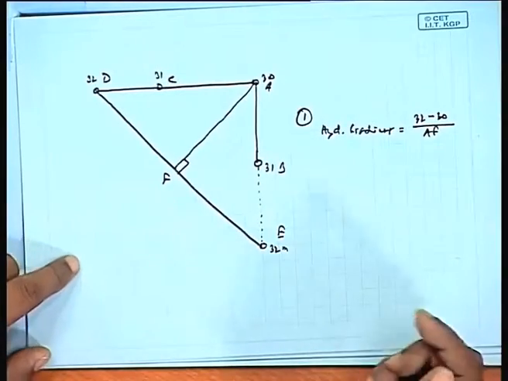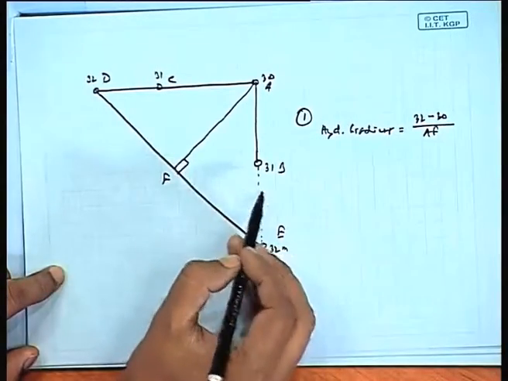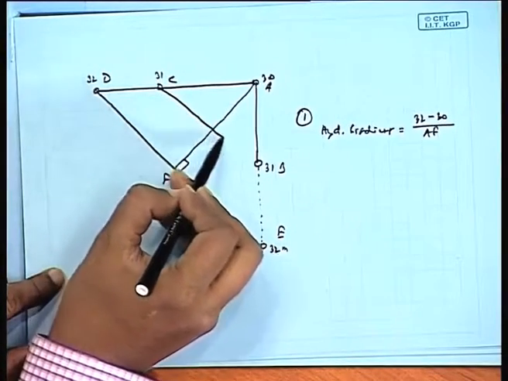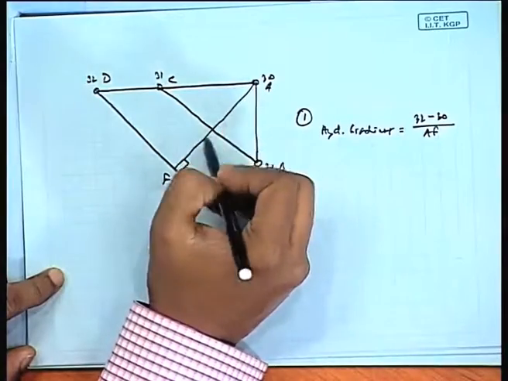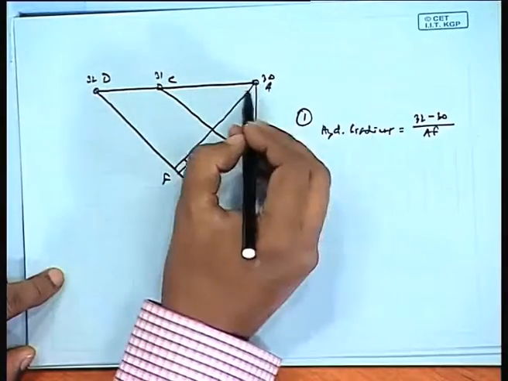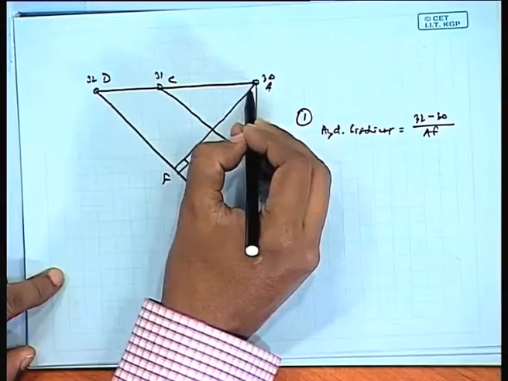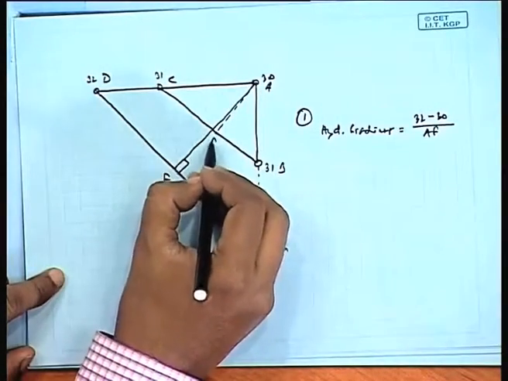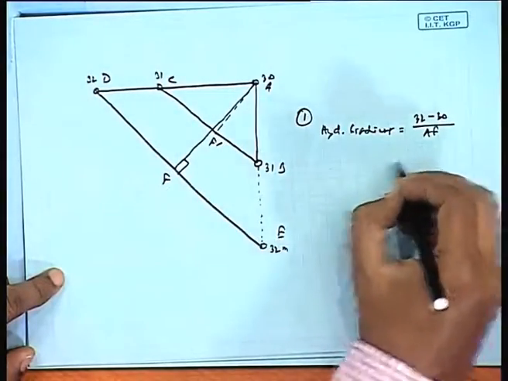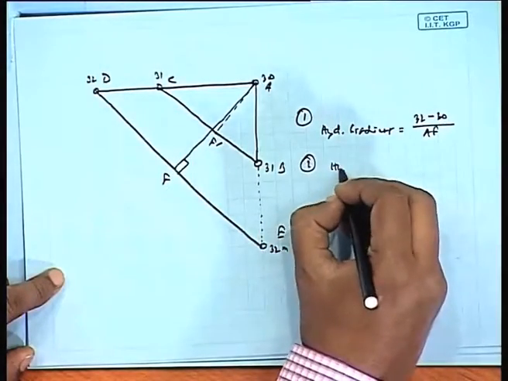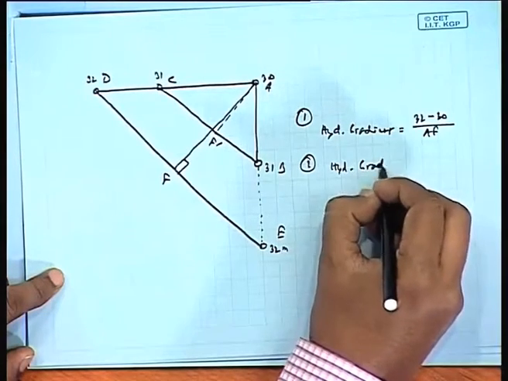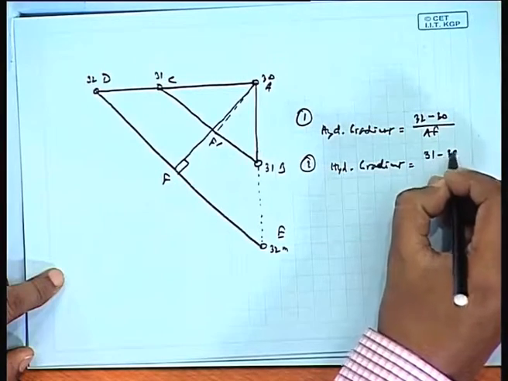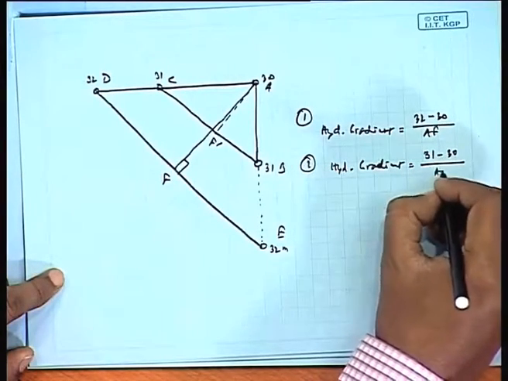Another very straightforward way is this: you can calculate this 31 meter here and find the perpendicular. So it can be somewhat changed or similar. In that case, this is AF dashed, so it is 31 minus 30 divided by AF dashed.